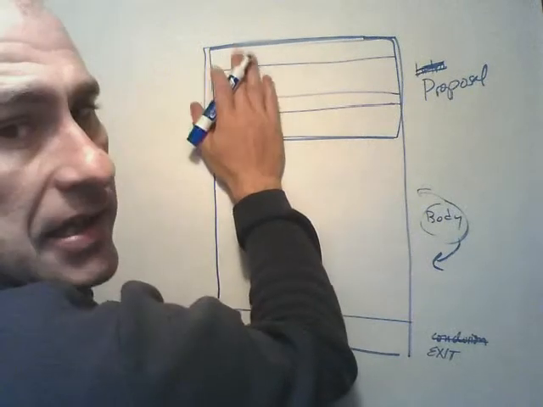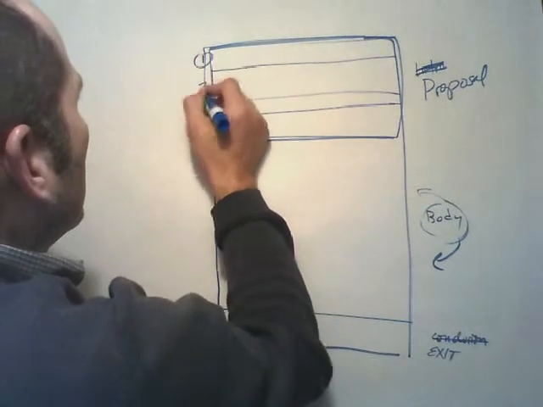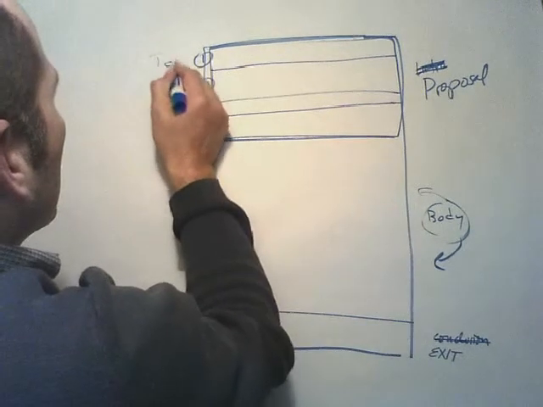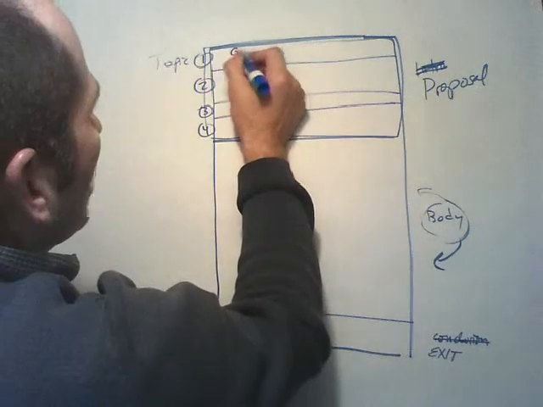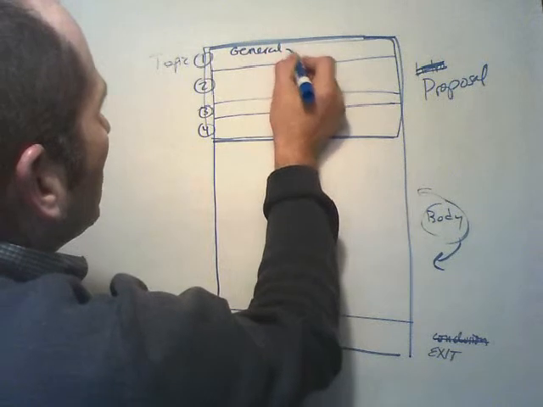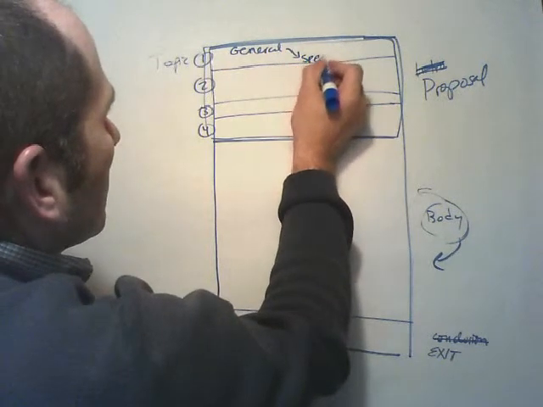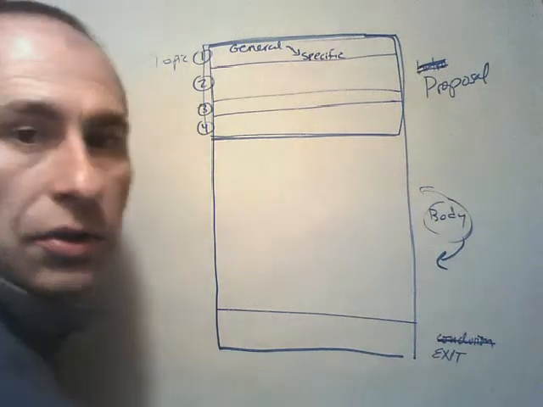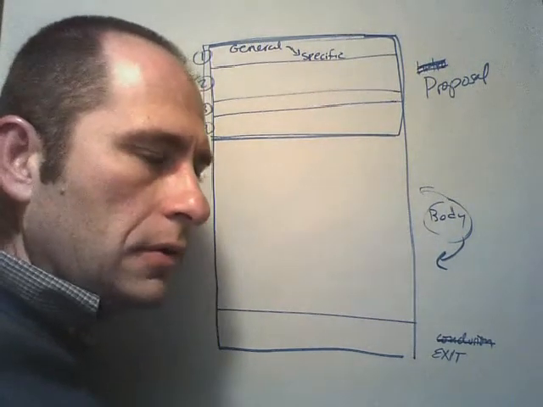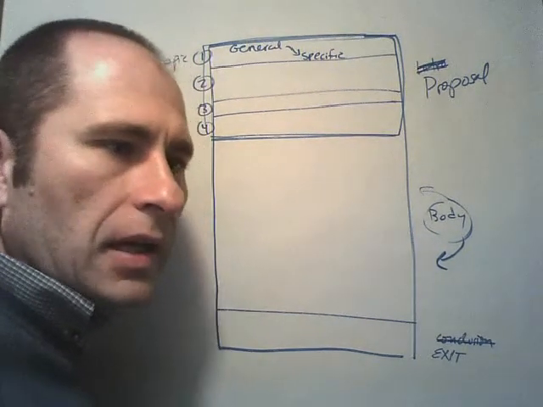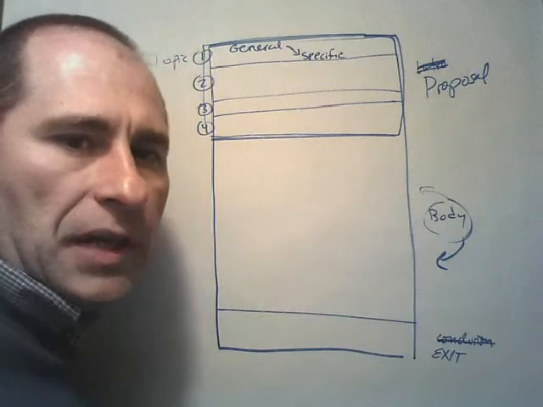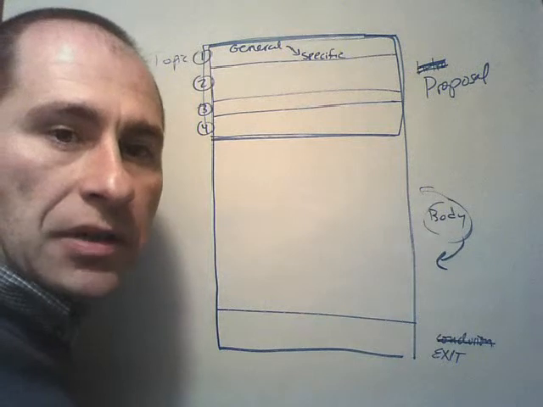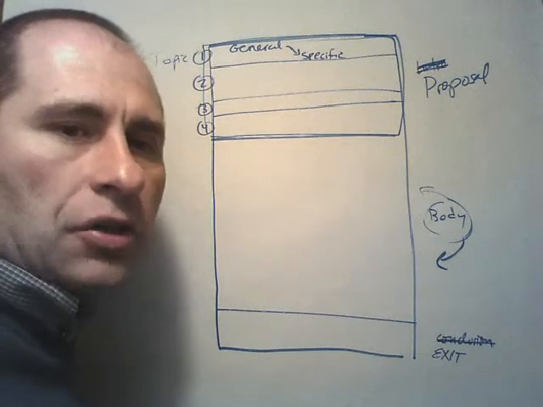Now, in the topic section, number one, you go from general to specific. So you might start off with a general topic, such as the way smoking has been perceived by our culture in the last five years.